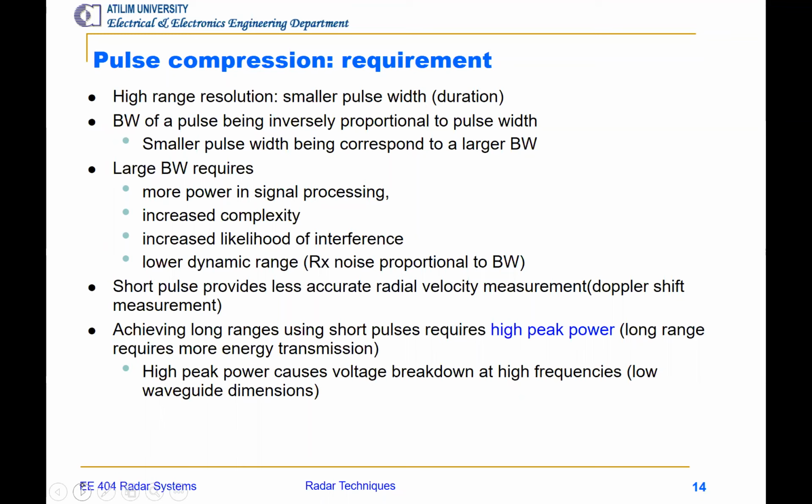Since the subpulses will provide a higher accuracy in range, so higher resolution in range, and the long pulse will increase the resolution in speed, we achieve better accuracy in both the speed and range domains.